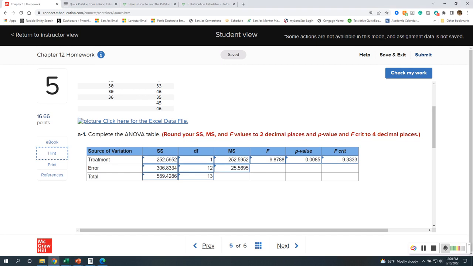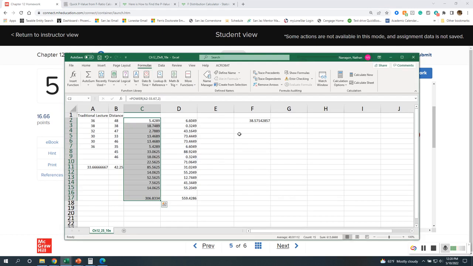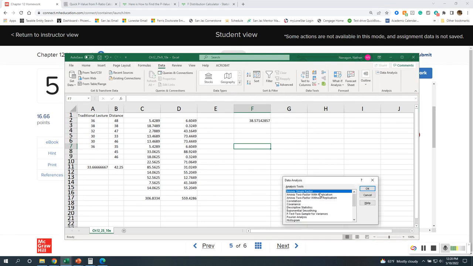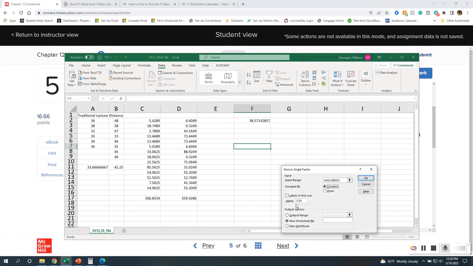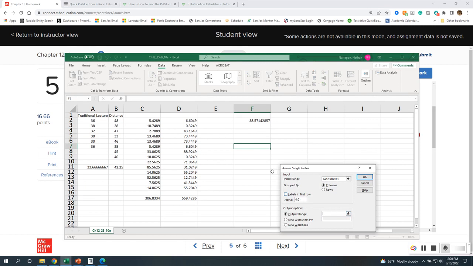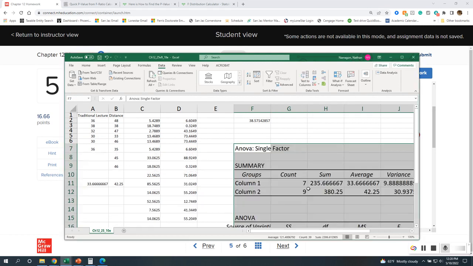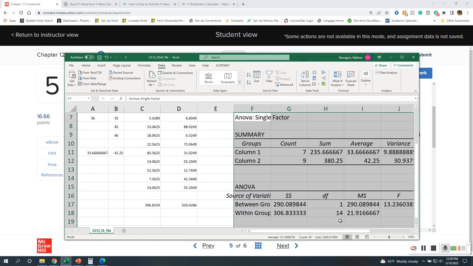Alright. Let's play a little bit with the Excel. Because why not? We've already calculated everything except for this. So let's see. Data analysis. Let's go single factor. By columns. We're going to do 0.01. We'll tell it to put it right there. Aha!